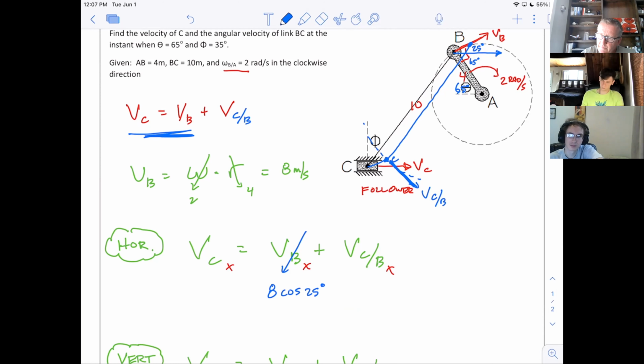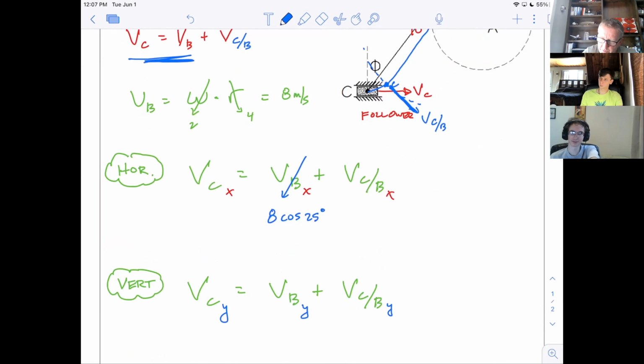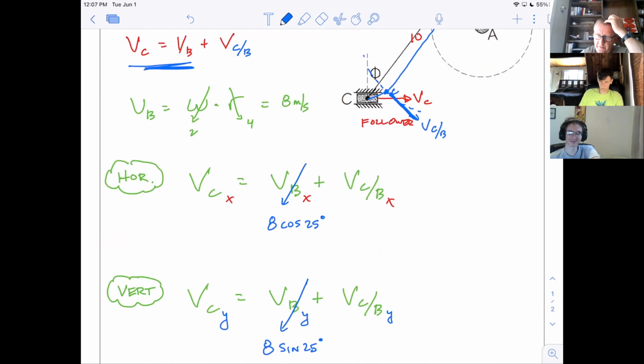So that's the velocity of B in the X direction. And then this would be the velocity of B in the Y direction. And that's also positive. And that, of course, would just be 8, but modified by the sine of 25 degrees. So at least those are known numbers. That's good. I'm certainly not there yet, but at least I know that.